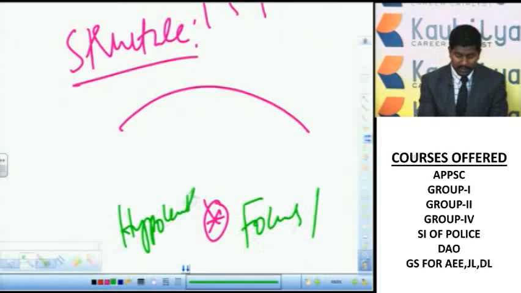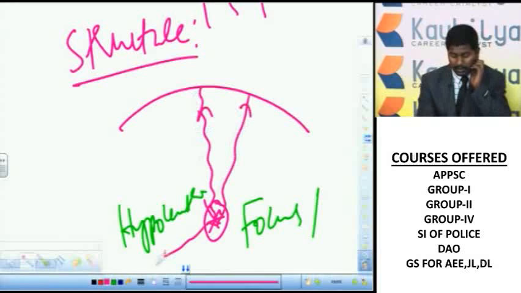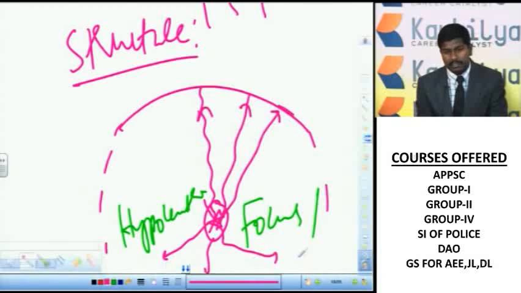From this focus, the energy travels in all directions toward the earth's surface. For the first time, this internal disturbance reaches a particular place which is perpendicular to the focus. This place where the earthquake waves reach for the first time is called the epicenter.